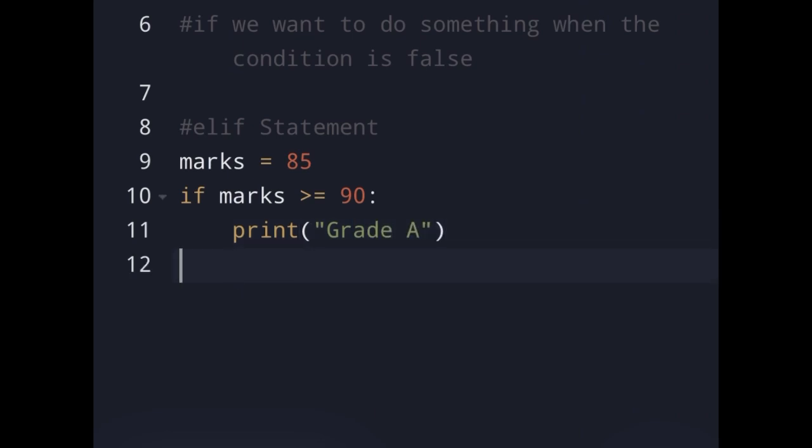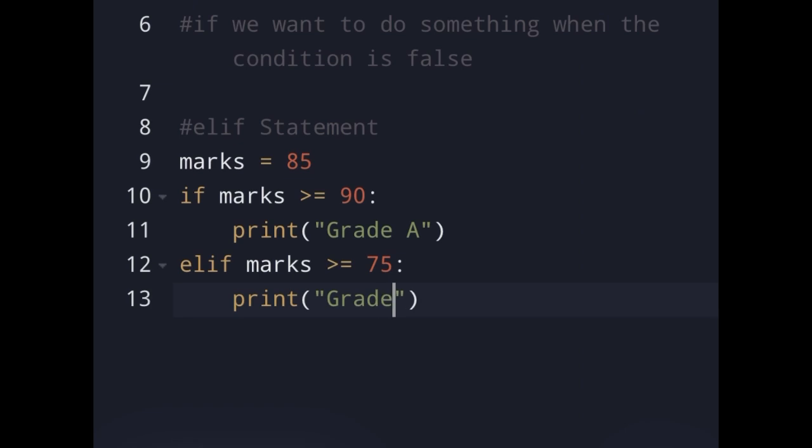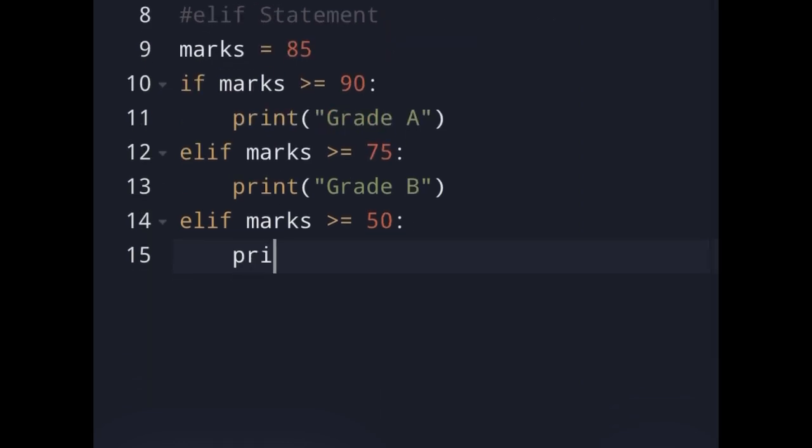Now in this we will write one more condition using elif. Elif marks is greater than or equal to 75, then print grade B. Similarly, we can write one more condition with elif: elif marks is greater than or equal to 50, we can print grade C. Otherwise, we can write the else condition for the fail statement.